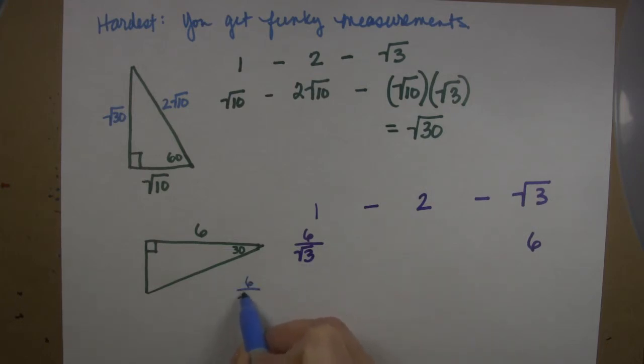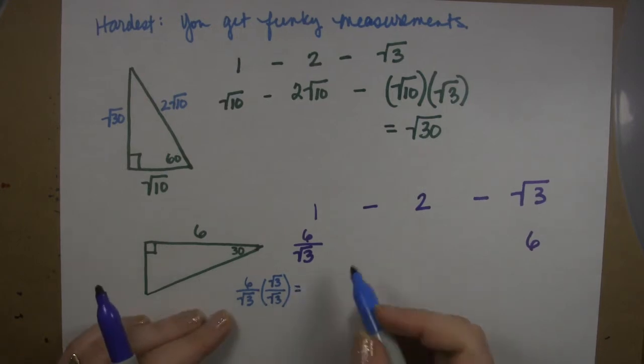So we are going to rationalize that denominator, and that means that we are going to multiply it by root 3 over root 3, which again is the same thing as multiplying it by 1, right? Because anything over itself is always going to be equal to 1, but it's going to allow us to get that radical sign out of the denominator.